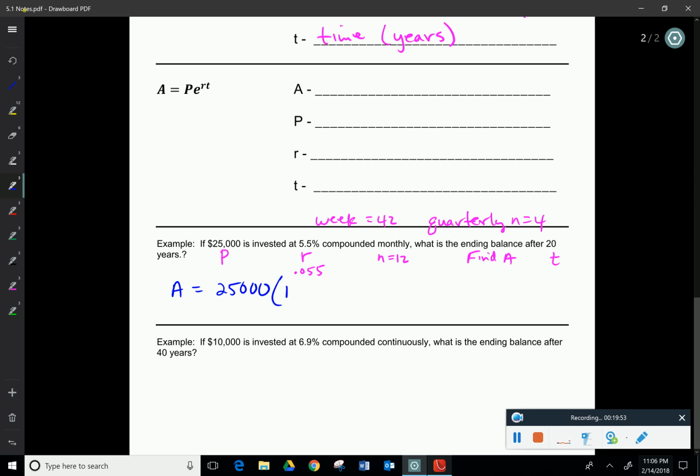So parentheses 1 plus R over N, so 0.055 over 12. And then notice the formula says to the NT, so this time N is 12, T is 20, so to the 12 times 20.